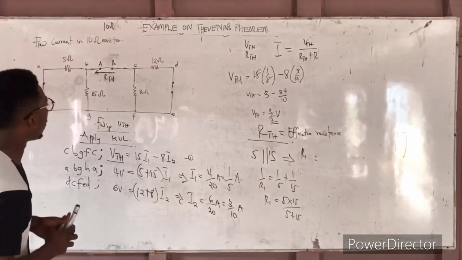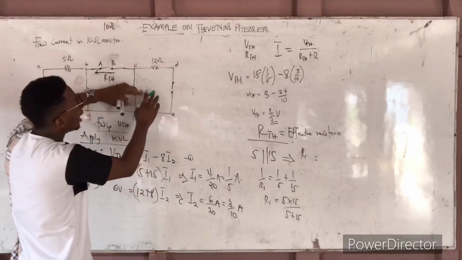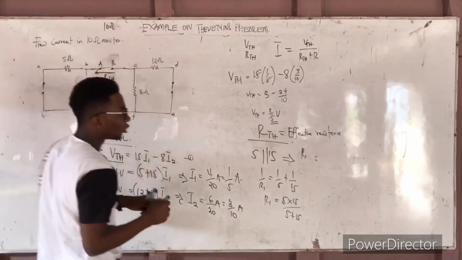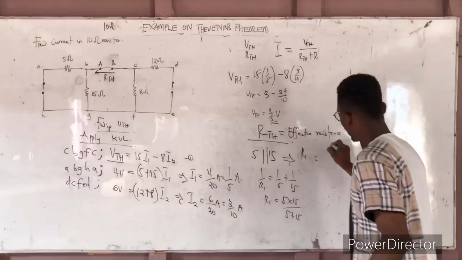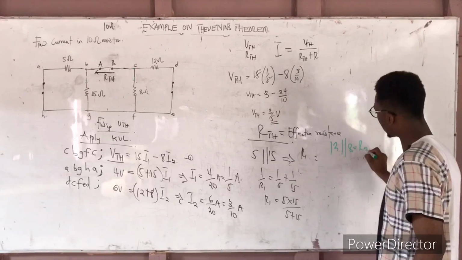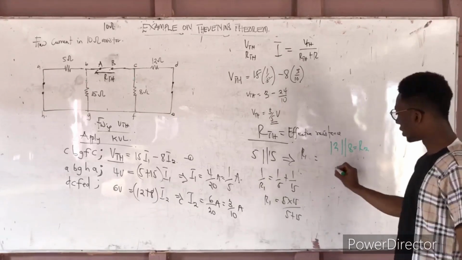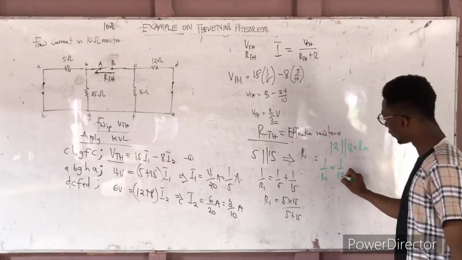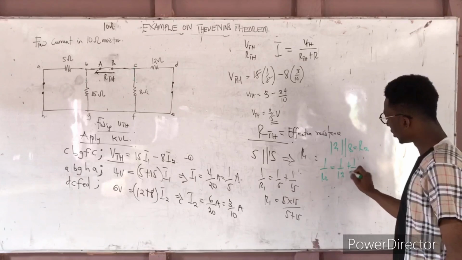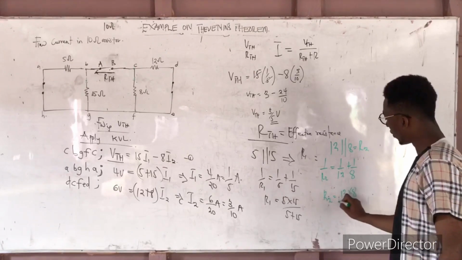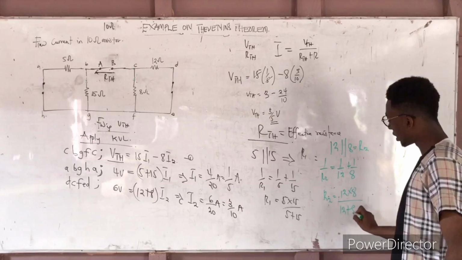Now the 8 ohm resistance and the 12 ohm resistor are also in parallel. Let's find the effective resistance as R2. So 1 over R2 is equal to 1 on 12 plus 1 on 8, so R2 becomes 12 times 8 divided by 12 plus 8.